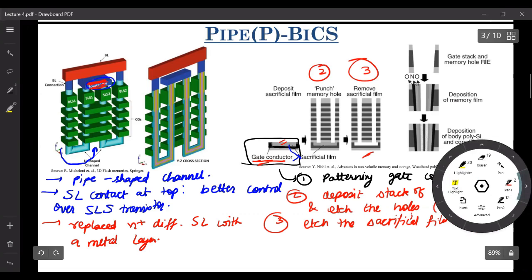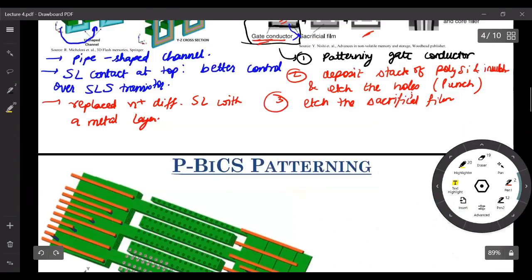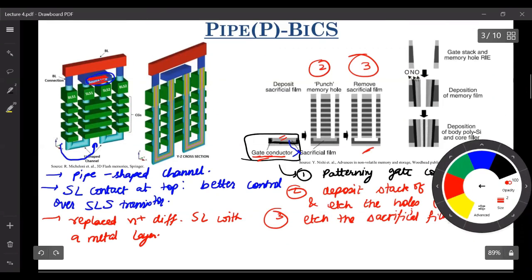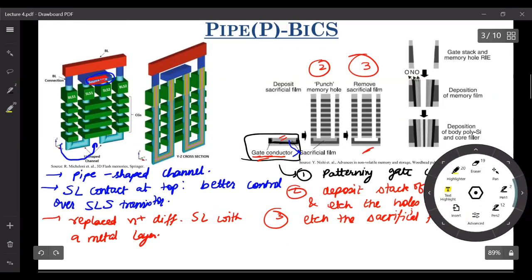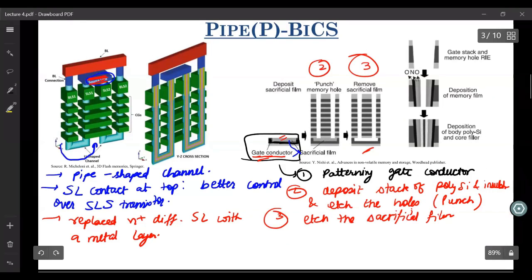Now, in the fourth step, you have that pipe structure. First, you deposit your ONO. First, the blocking oxide is deposited. Second, the nitride film is deposited, or the storage layer. And at last, you deposit the tunneling oxide.